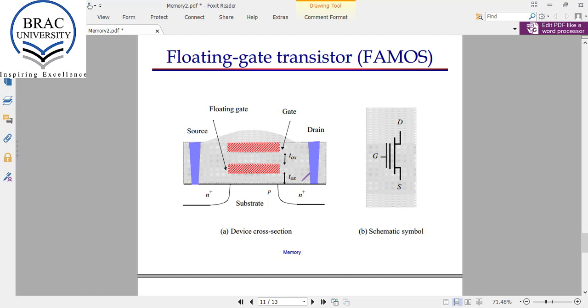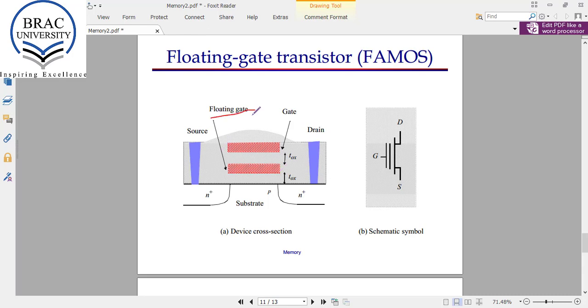So what happens here, in a normal MOSFET there is one gate and oxide, but in this case a metal layer is implanted inside the oxide, and this is called the floating gate.